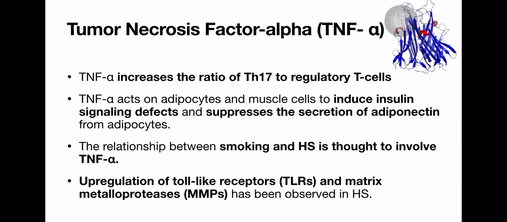TLR4 more specifically helps activate gene expression, resulting in production of pro-inflammatory cytokines, which also includes TNF-alpha. While MMPs also activate inflammatory effectors and directly lead to tissue injury. MMP2 specifically is also activated by TNF-alpha, and MMP9 is induced by the different toll-like receptors.